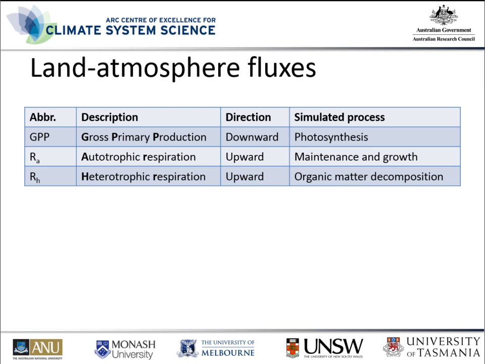So the main fluxes are GPP, which is gross primary production. This is a downward flux, atmosphere down to the land. And that's a product of photosynthesis. So that's the net photosynthesis. We have RA, autotrophic respiration, which is upward flux of CO2 from the plants into the atmosphere.